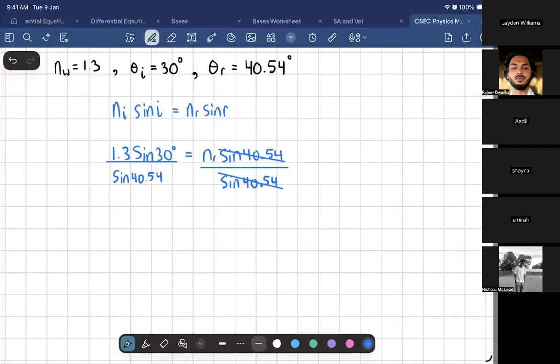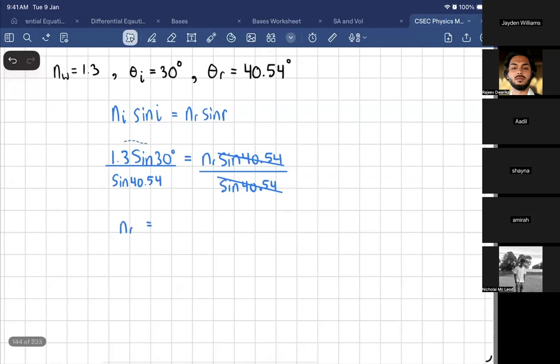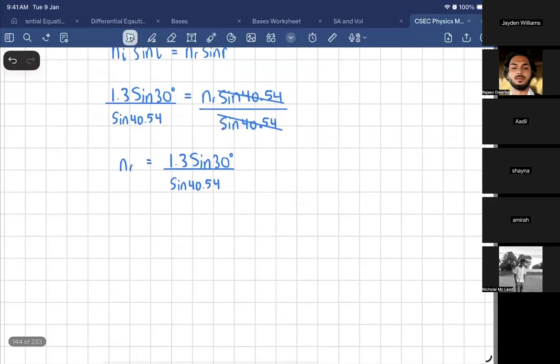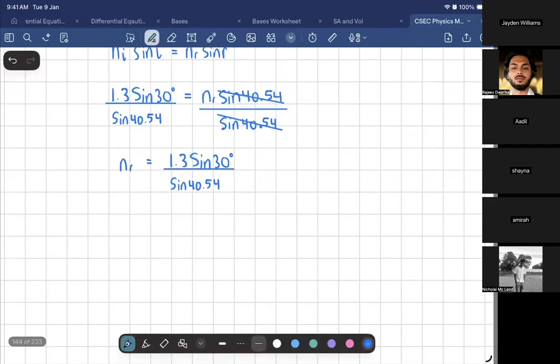Amira, what could I write in the next line? NR is equal to 1.3 sine theta divided by sine 40.54. Correct. So plug that into your calculator and you get your answer. That's it.